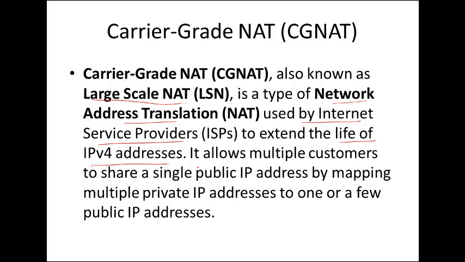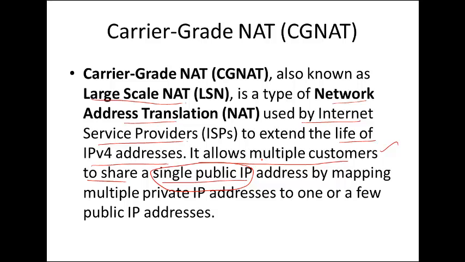This type of NAT allows multiple customers to share a single public IP address, which means, as we know, all the customers are going to get private addresses, and all the customers' private addresses get translated to a single public address, which is not the case in the early days. Early days, even I had my own public IP address.